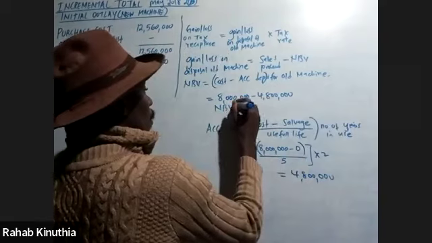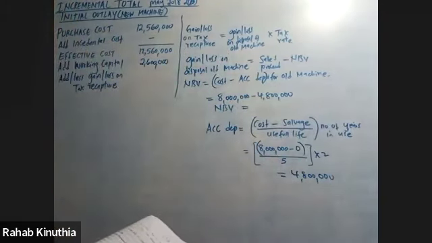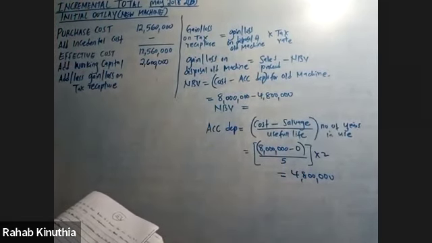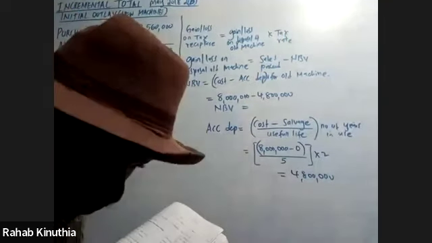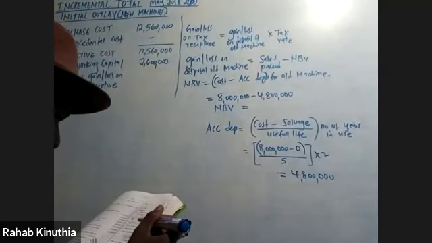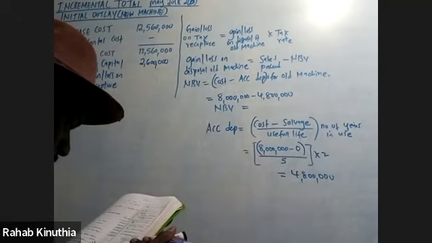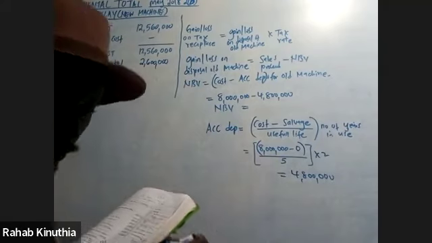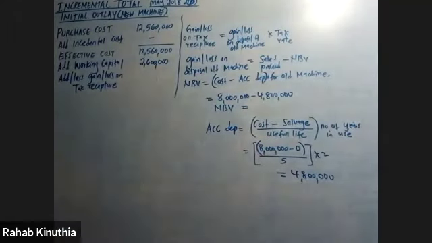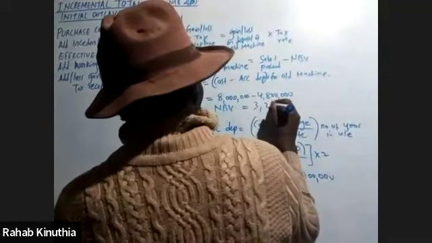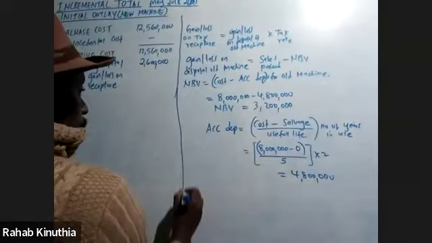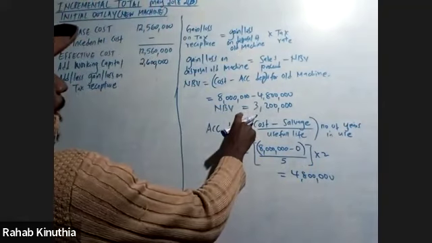So what will be our net book value? 8 million minus 4.8. Let me use the calculator. We say 8 million minus 4.8 million, so it becomes 3.2 million.